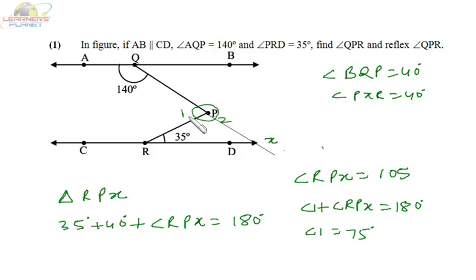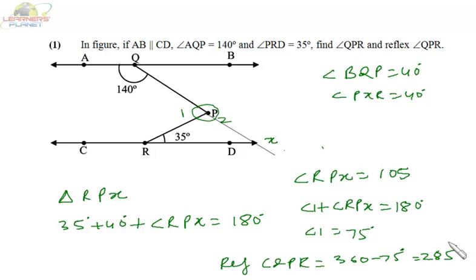QPR is angle 1, which is 75 degrees. Apart from that, we have to find the remaining part of the complete central angle. So the reflex QPR will be 360 minus 75, so it will be 285 degrees.